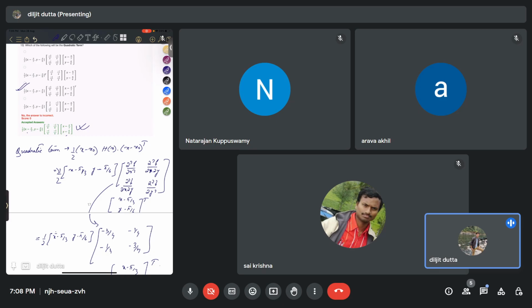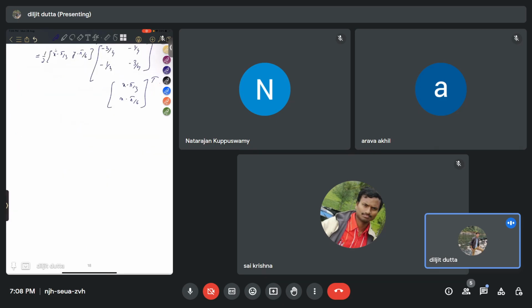Okay, we will do one problem of Lagrange multipliers. The problem is f of x, y is given as x plus y, and g of x, y is 1 minus x square minus y square equals 0. Now what we have to do?